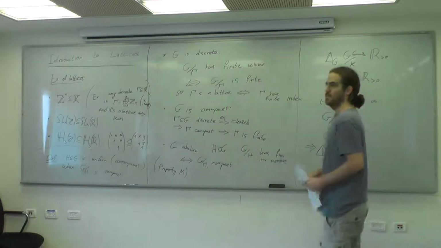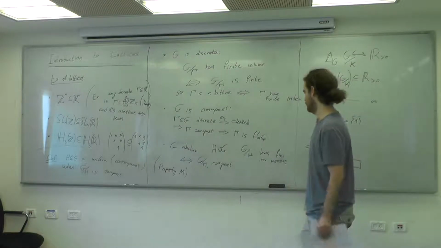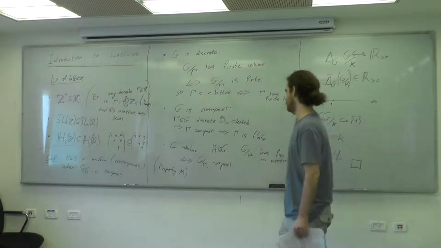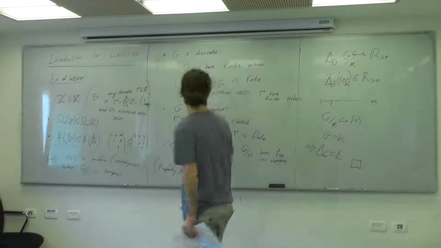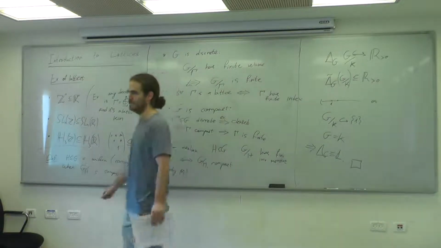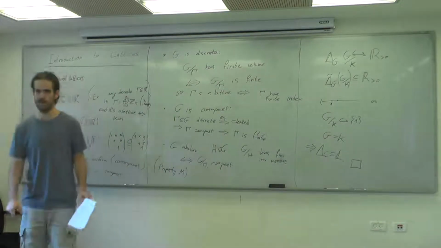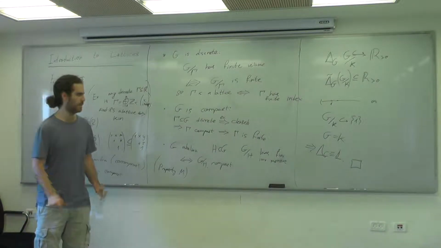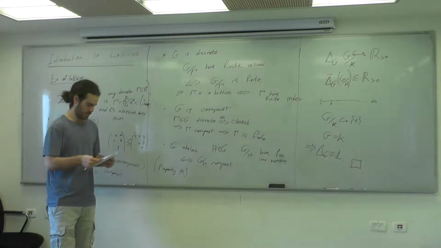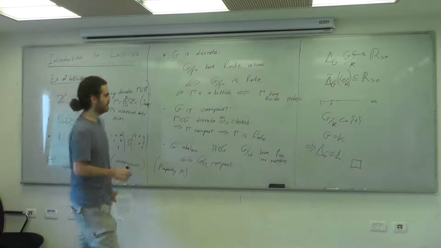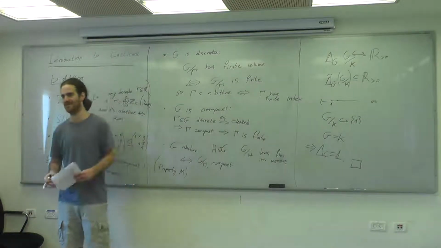We don't need G to be compact for it to be closed. No, the exercise is without compactness. It follows in any case. So the exercise is that discrete implies closed in locally compact groups.